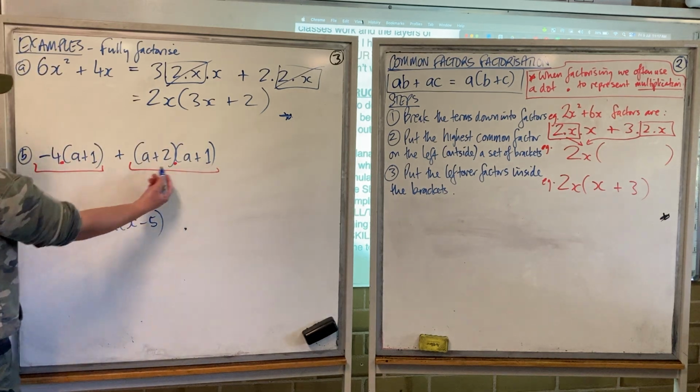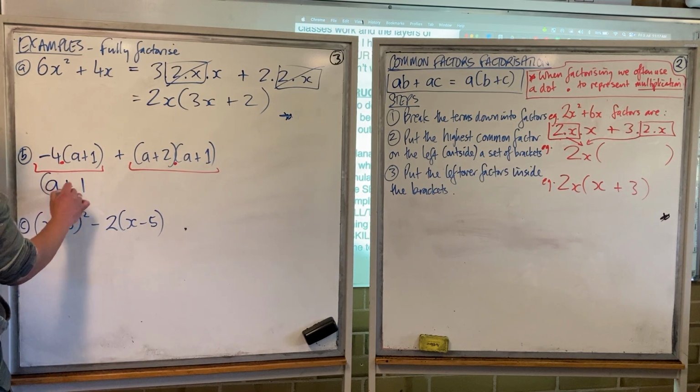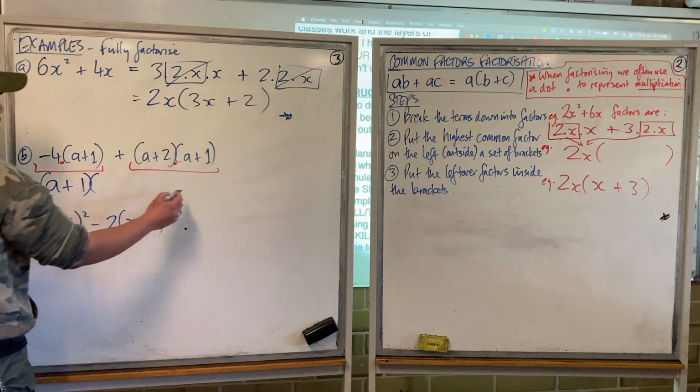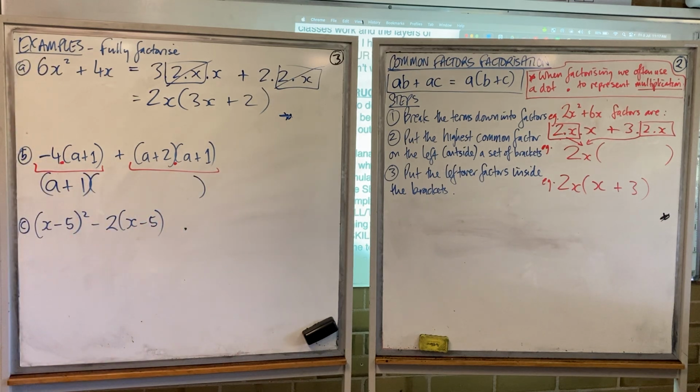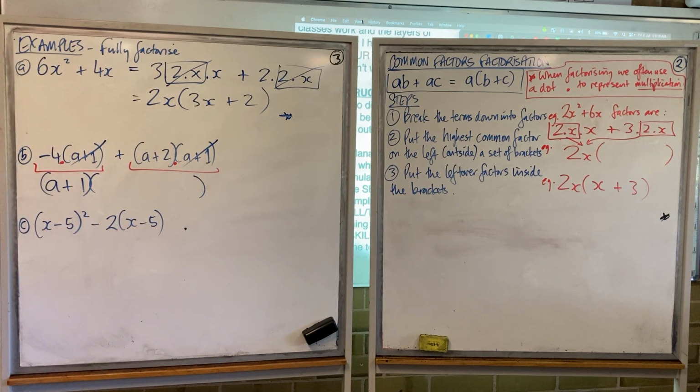So you just told me the highest common factor was the a plus 1. So that goes a plus 1 on the outside of a set of brackets, and then we have an empty set. Cross them out if you want. We just put that on the outside. What's left over?